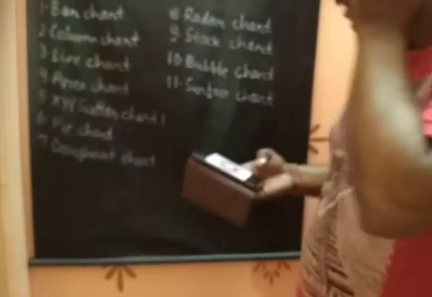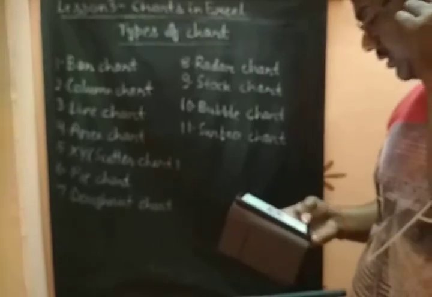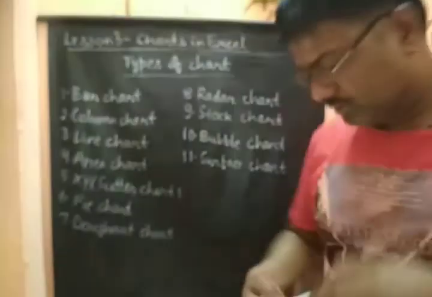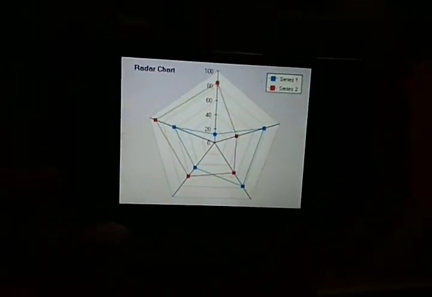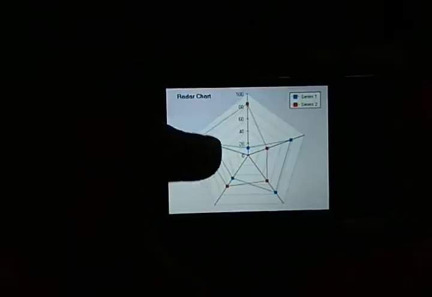Next is radar chart. So this is the diagram of radar chart. So in radar chart, different data values are plotted by the points, and these points are joined by the lines. ये lines देख रहे, point जो मिला रहा आपको.